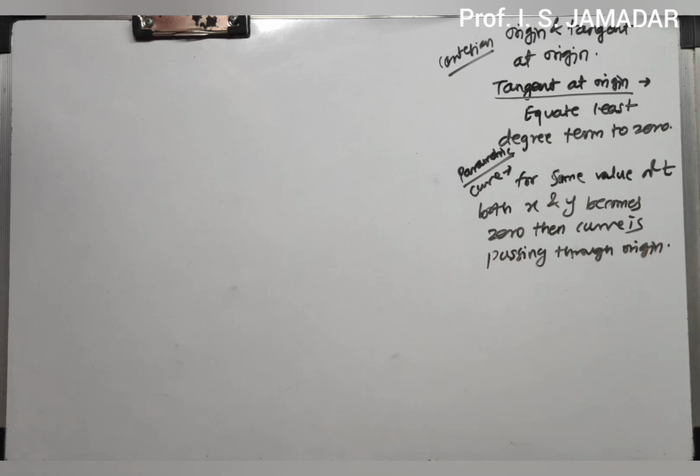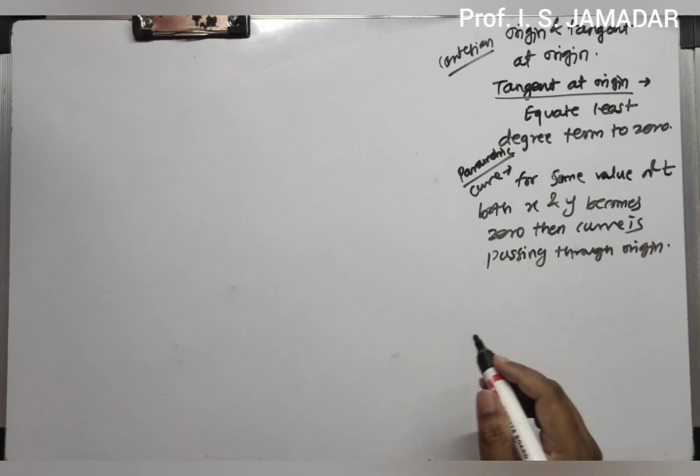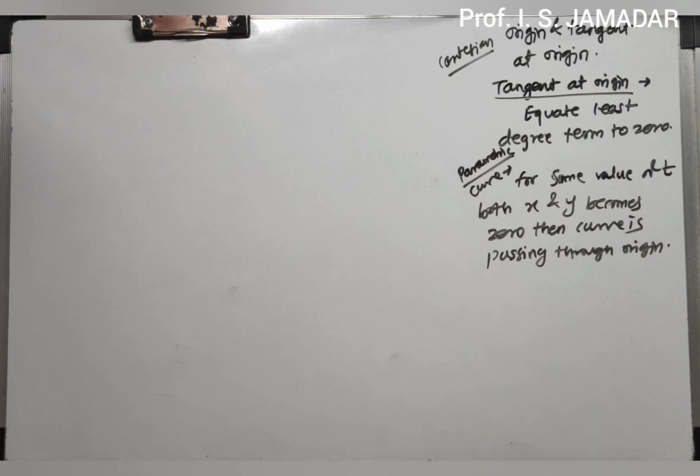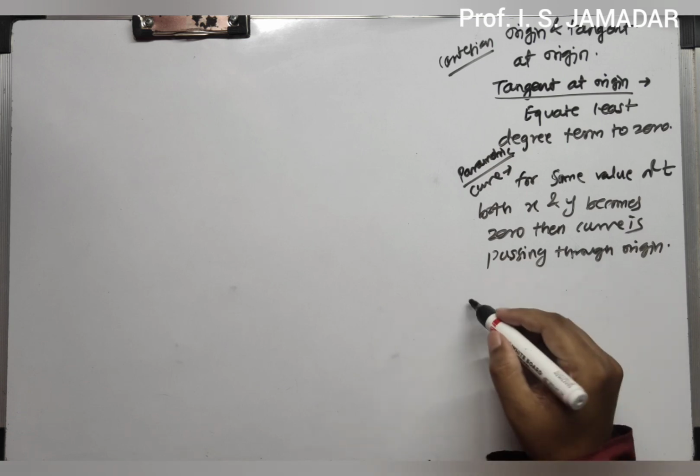And for the tangent, you have to consider dy by dx, which is dy by dt upon dx by dt in case of a parametric curve.